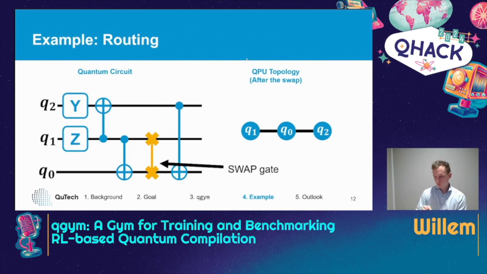It will change which logical qubit in your quantum circuit you relate to the physical qubit in your topology. And we have built an environment so that a reinforcement learning agent can learn to place swap gates, and ideally to place as few swap gates as possible.